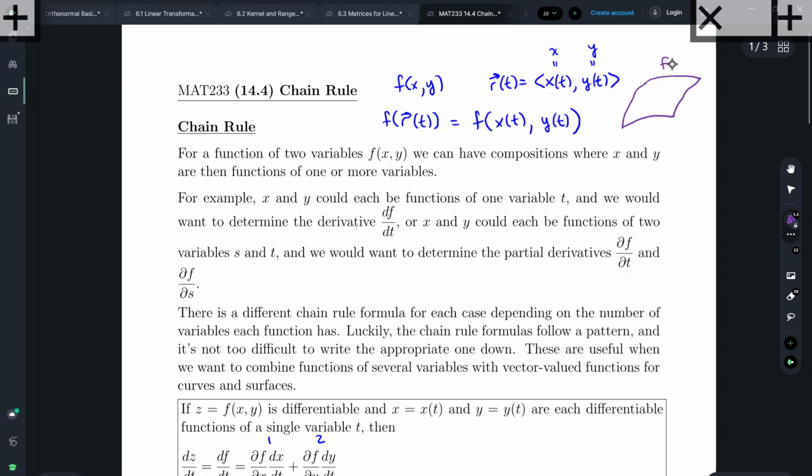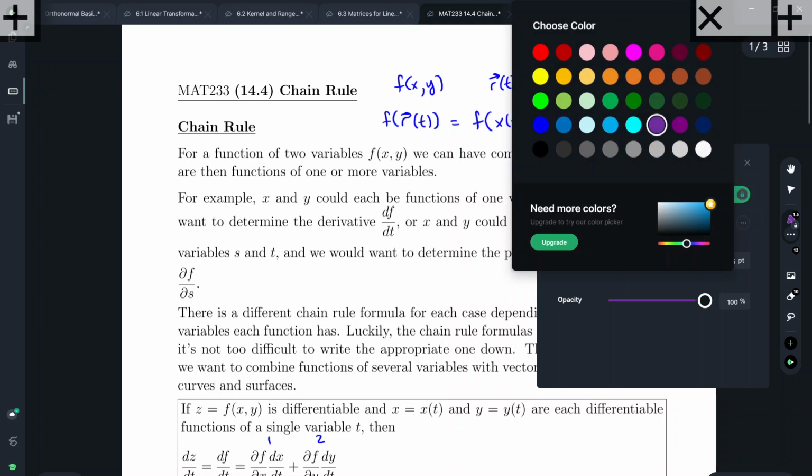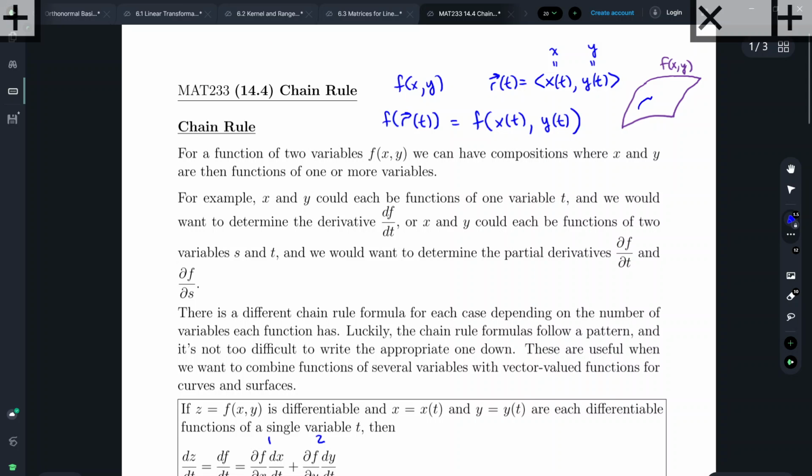Let's say this is the graph of f of x, y, and within the surface, you want to trace out some kind of curve, say C. So you have a vector valued function representing the curve C, and by doing the composition here, that's exactly following along this path within the surface represented by the function. Okay, so that's the basic idea.